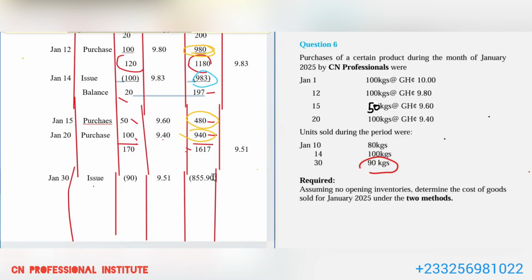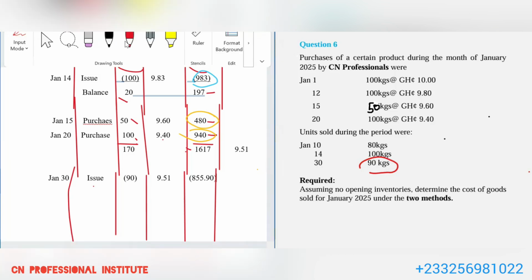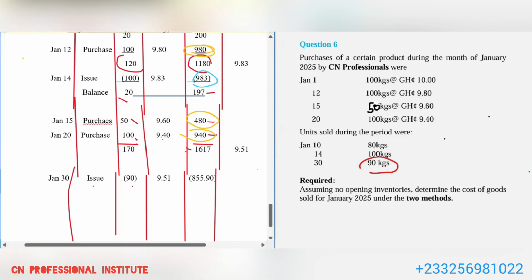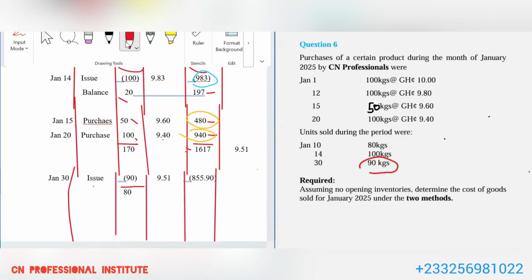Okay. So that's it. We just have to underline and then we get our stuff. So if you underline this one, 170 minus 90 should give us 80 units. So we have 80 units at 9.51, and that will give us. So you can equally do it this way.